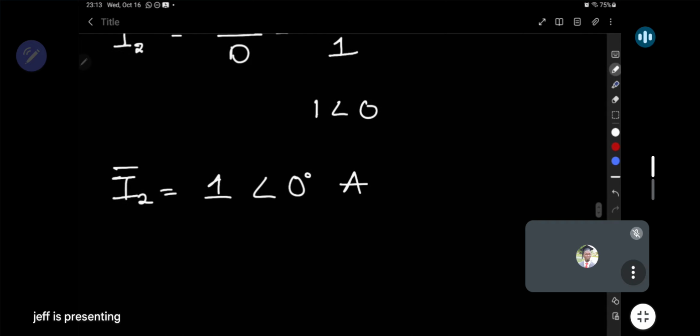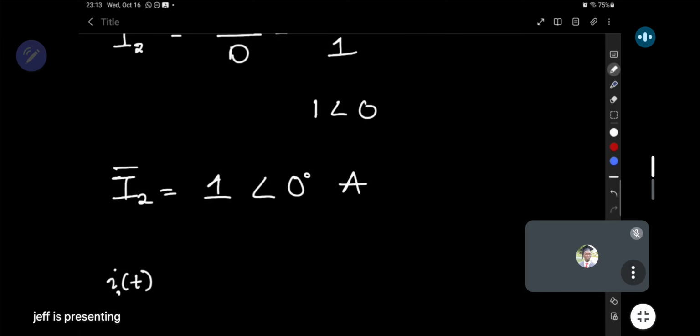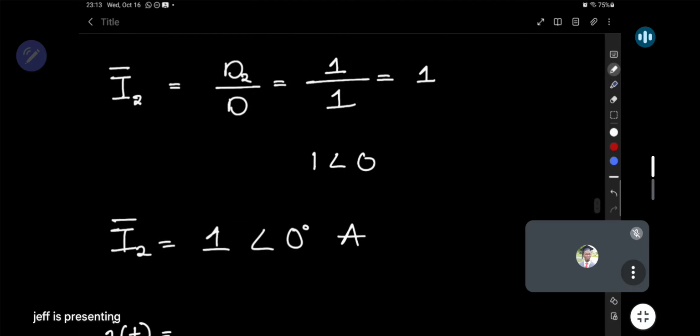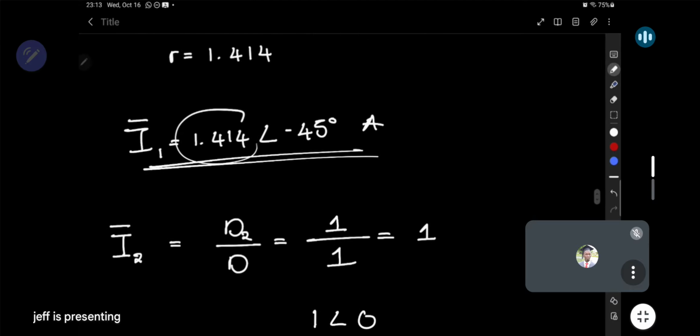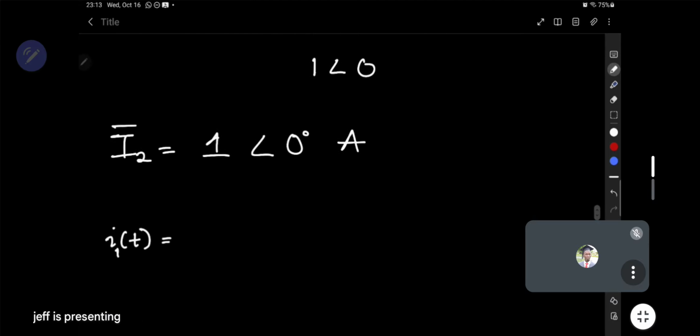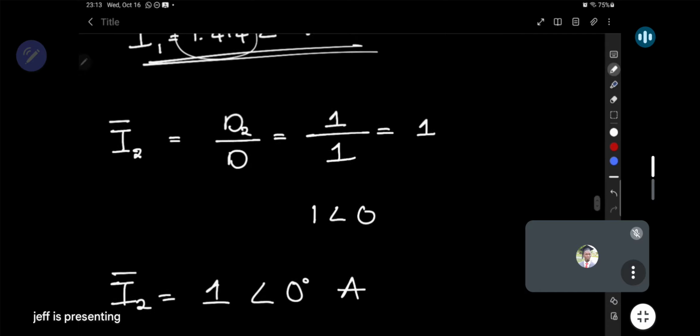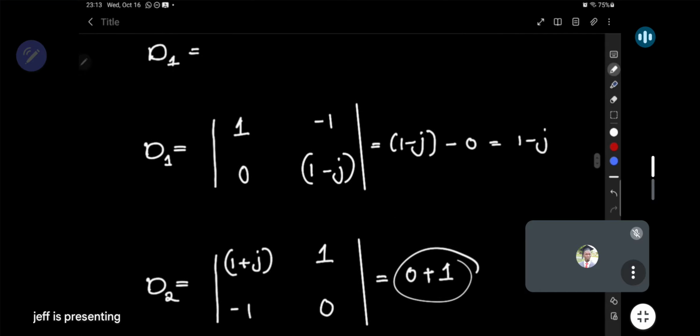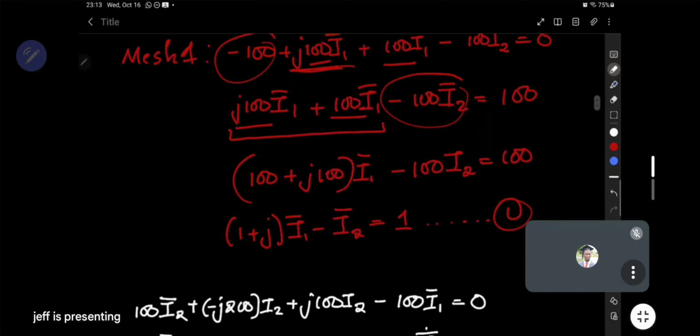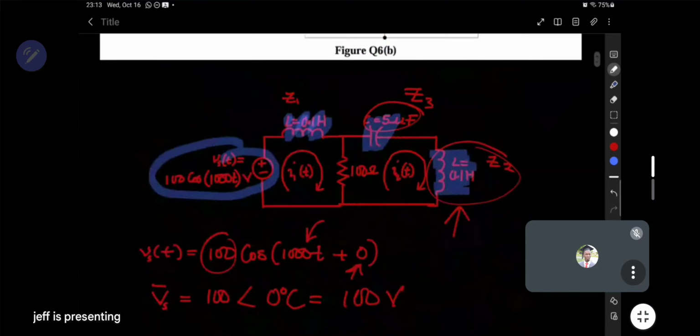From these two, we can get the steady state currents. From I1, for example, we can get the steady state current I1. We need the peak. The peak is 1.414. Then cos of the angular frequency. What was the angular frequency in the problem?